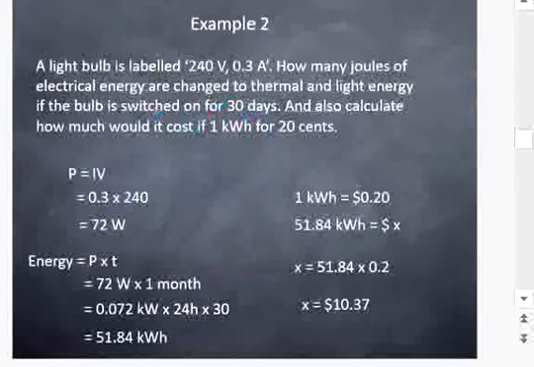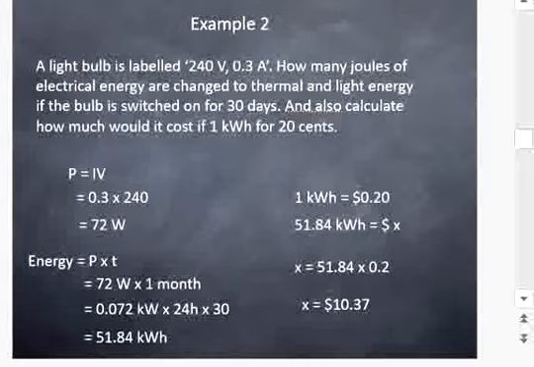Next example. A light bulb is labeled 240 volt and 0.3 ampere. How many joules of electrical energy are changed to thermal and light energy if the bulb is switched on for 30 days? And also calculate how much it costs if 1 kilowatt hour costs 20 cents. So we need to calculate how much electrical power it uses. After calculating, it becomes 72 watt.